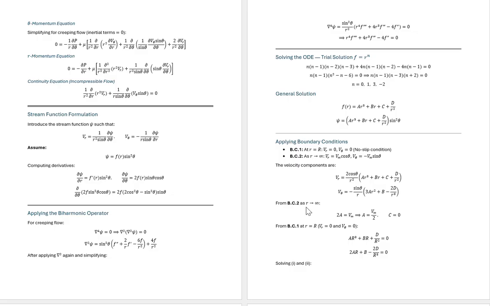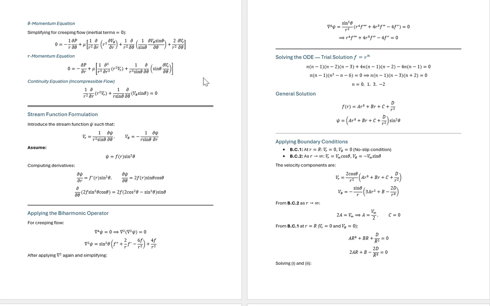And as said, from boundary condition 2, as r tends to infinity, 2a is equal to v infinity, a is equal to v infinity by 2, and c is equal to 0. From boundary condition 1, vr is equal to 0 and v theta is equal to 0 at r equals R.